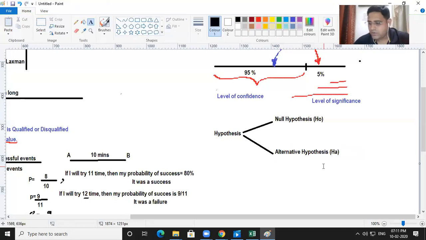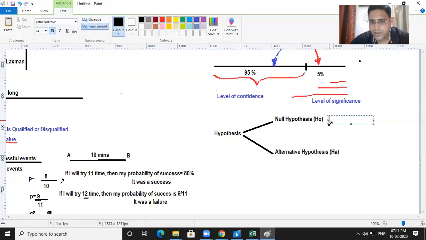So when my p value is greater than 0.05, now concentrate here.